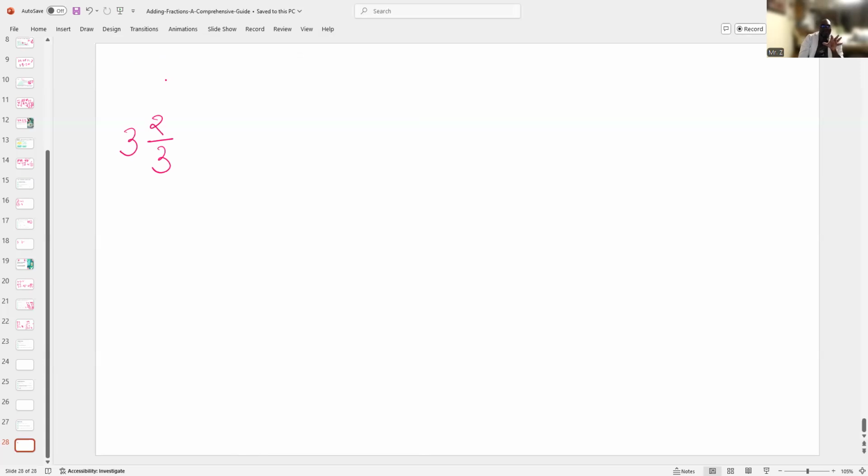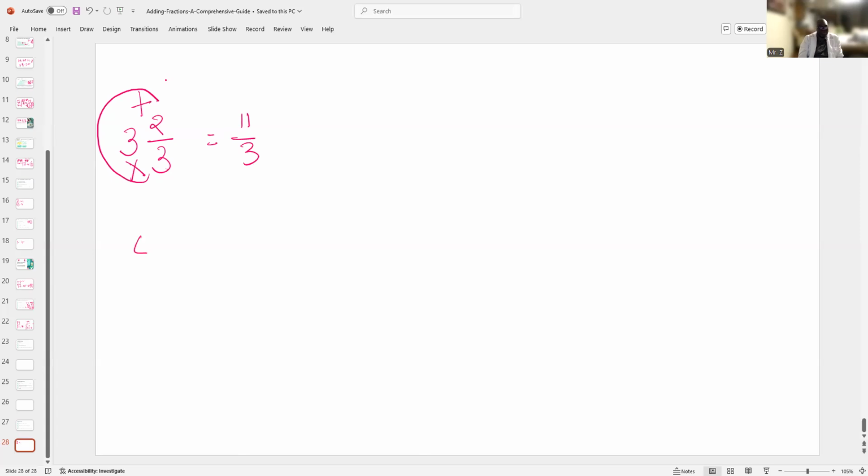How am I going to convert this mixed number back to an improper fraction? You got to use the C method. You multiply the denominator by the whole number, and whatever the product is, you add that to the top number. So let's do that. 3 times 3 is 9, plus 2, 11. You got 11 over 3.